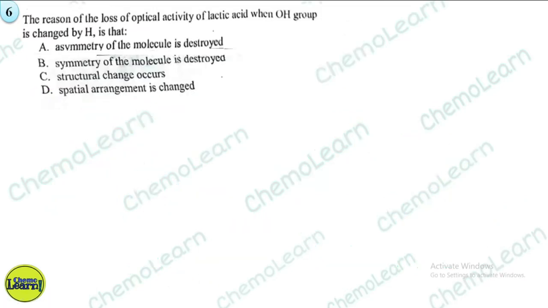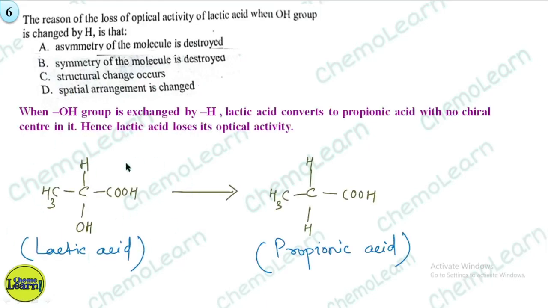The reason for the loss of optical activity of lactic acid when the OH group is changed by H is that asymmetry of the molecule is destroyed, symmetry of the molecule is destroyed, structural change occurs, or spatial arrangement is changed. See, this is our lactic acid. It has 4 different groups. That means this is our chiral carbon or asymmetric carbon.